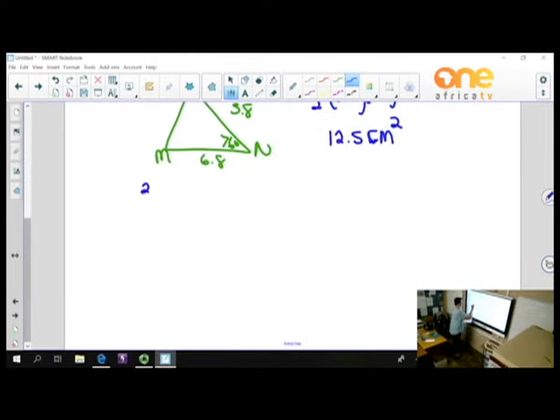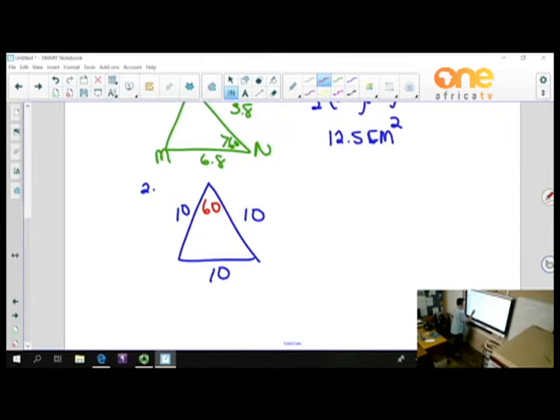The next one is number 2. Find the area of an equilateral triangle. Again, I'm drawing the picture, 10 centimeters. What do we know about the angles of an equilateral triangle? We know that they are all 60 degrees.